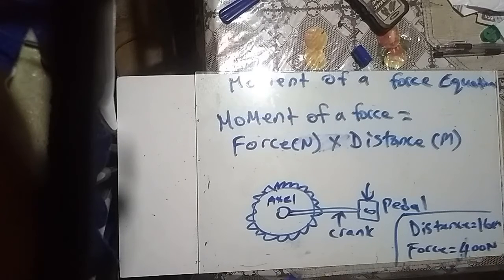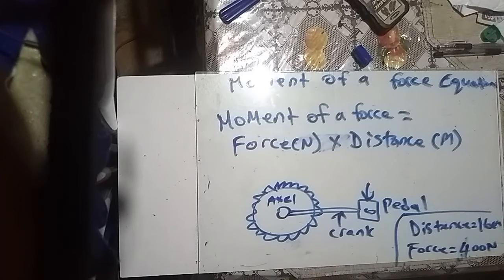Calculate the moment of the push of the foot when the crank is horizontal. When the crank of the bicycle pedal is horizontal, its length is perpendicular to the downward foot push. So the perpendicular distance D from the pivot to the line of action is the 16 centimeter.